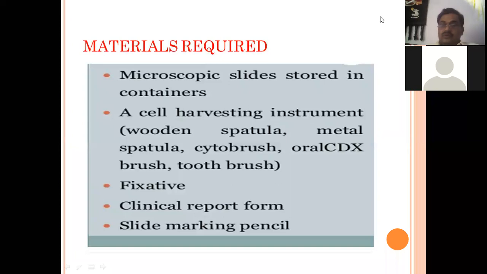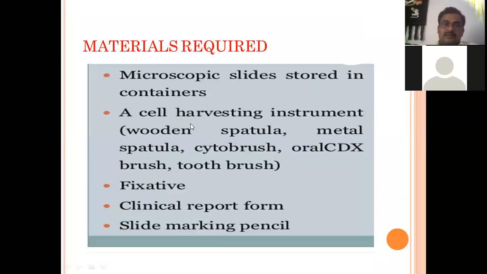So for doing cytopathology, we will need certain materials and instruments, and that is very simple. It is very cost effective. Very few instruments and materials are needed. So you need slides, clean, grease-free and smooth slides.